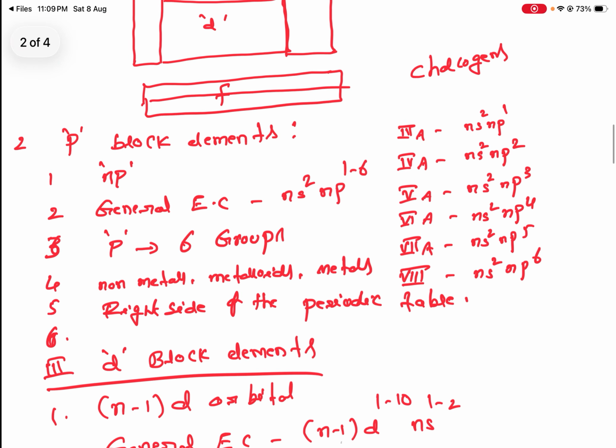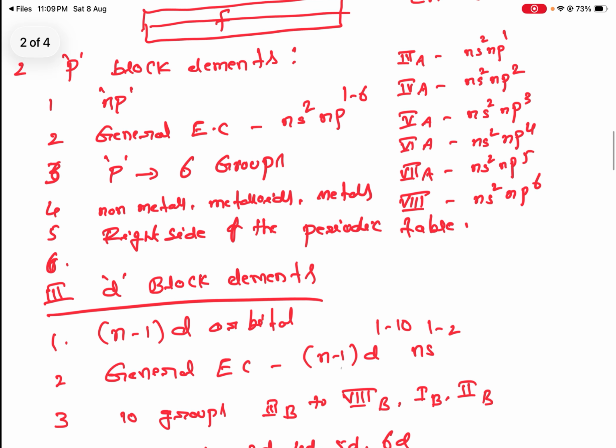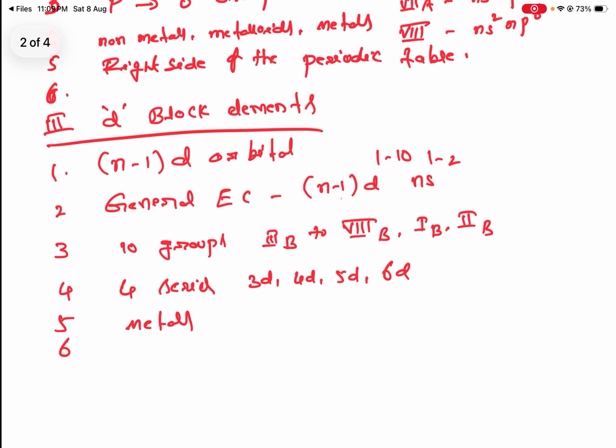Next, what is the position of the d block elements in the periodic table? They are present in the middle of the periodic table, in between the s and p block elements.